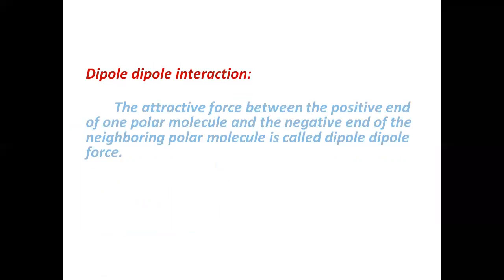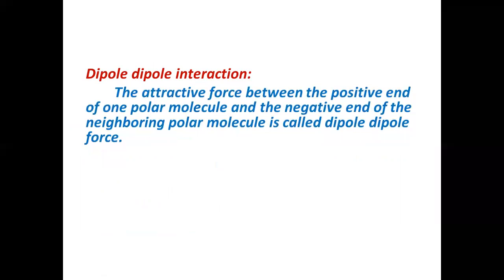Dipole-dipole interaction. What is dipole-dipole interaction? The attractive force between the positive end of one polar molecule and the negative end of the neighboring polar molecule. What is a polar molecule? I told you before, when two dissimilar atoms combine together and form a molecule, it is called a polar molecule. The molecule is polar because the two atoms have an electronegativity difference.